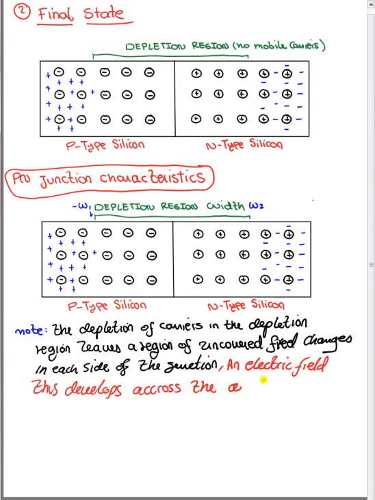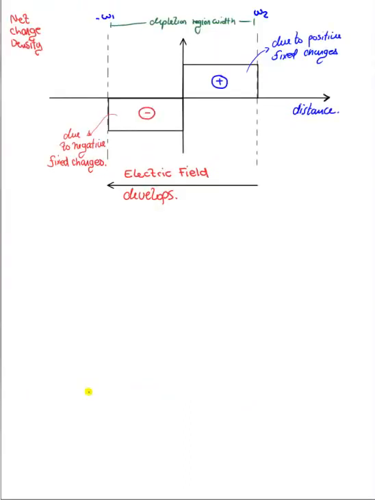Across the junction. And so let's draw what the accumulation of charge will actually look like. Okay, so here is the net charge density.